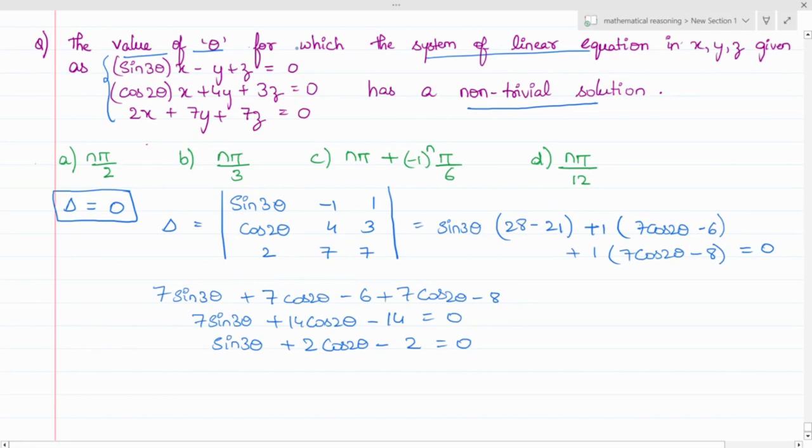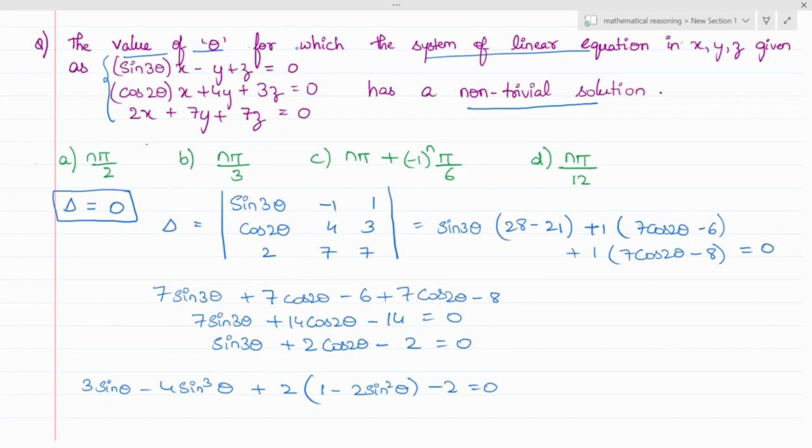Now just apply the formula. Sine 3 theta is nothing but 3 sine theta minus 4 sine cube theta, plus 2 cos 2 theta. Write it in terms of sine, so that the whole equation will be in sine terms: 1 minus 2 sine square theta, minus 2. So just simplify this.